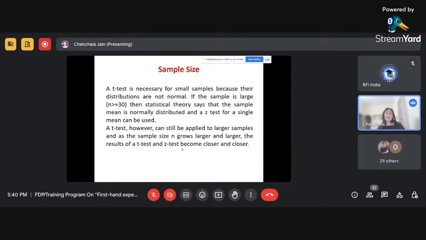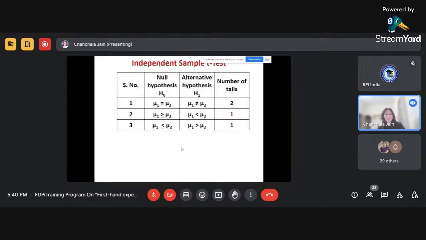In many cases we do not know our population well, so it is difficult to find the standard deviation or variance of the population. This way the t-test gets more preference over the z-test. So this is the concept of sample size.